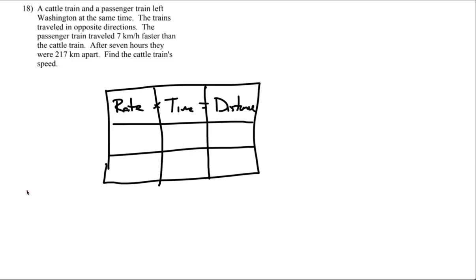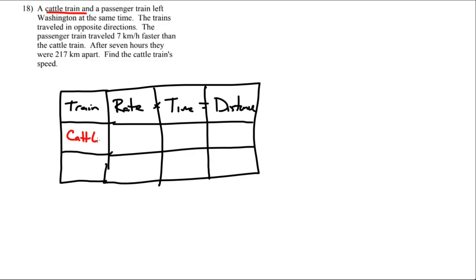And for this one, we have a cattle train and a passenger train. So I'll make my box one thing bigger here. This one is going to be the cattle train. And the blue one, I'll make the passenger train blue.